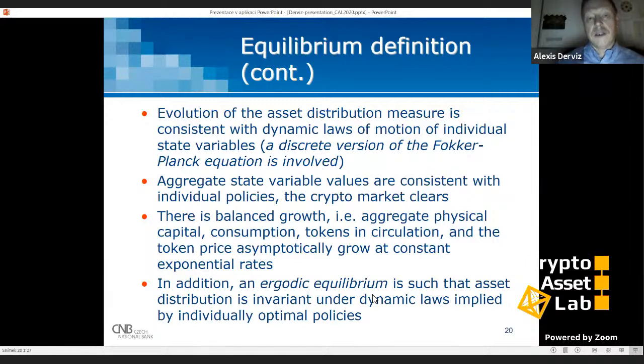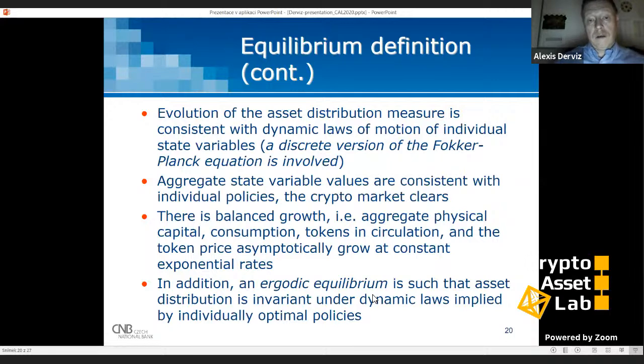There is a distribution of pairs, physical wealth and crypto wealth. Based on the initial distribution, agents start reacting and formulating optimal policies, and then this joint distribution of those two variables evolves according to a discrete analog of the Fokker-Planck equation.